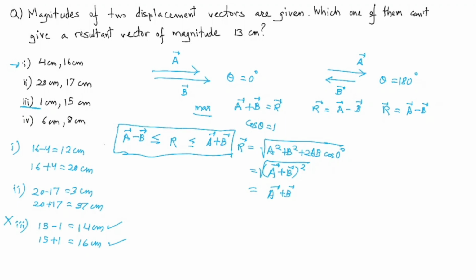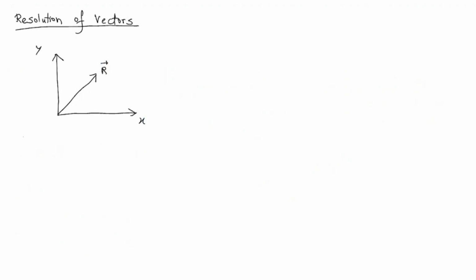Okay. Now we will keep this session very short. So let us check regarding resolution of vectors into their components. This is only for the xy plane. Whenever we've got two vectors like x and y, then we find a resultant.